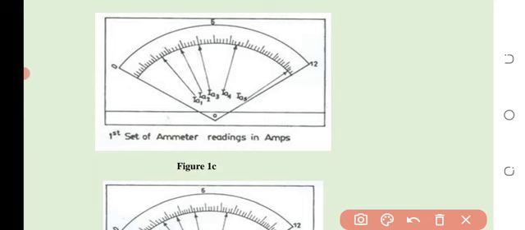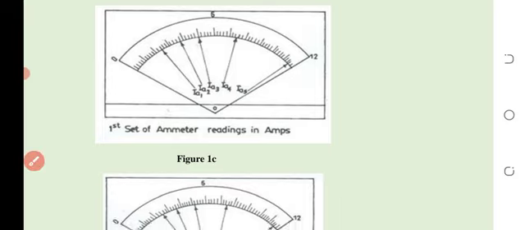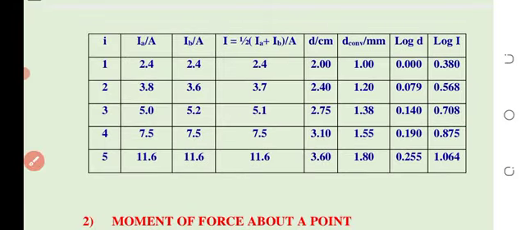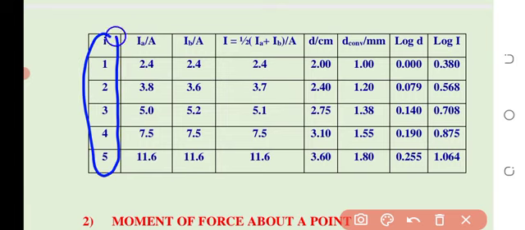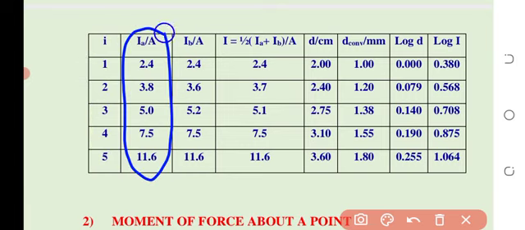Now, let's quickly go back to that table. And as you can see on the table, this column represents the serial number of your experiment, that is the number of times you perform the experiment. And this place represents the current read from the figure 1C, and this is the current value read from the figure 1D.